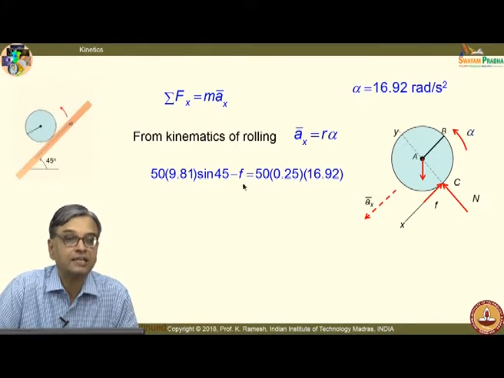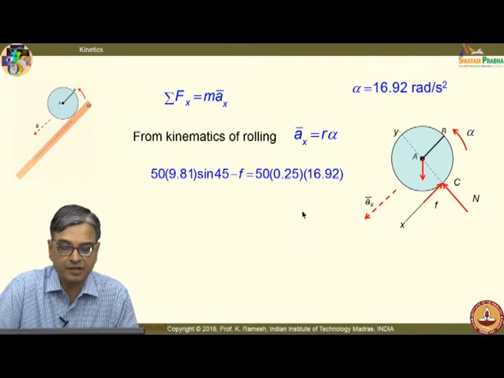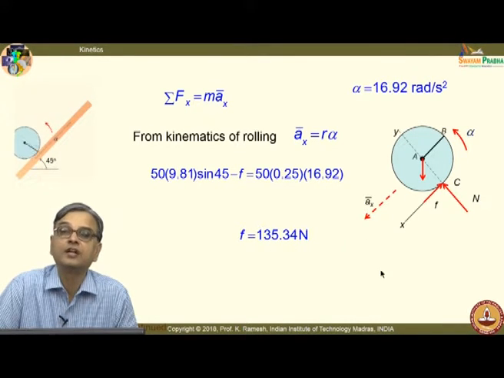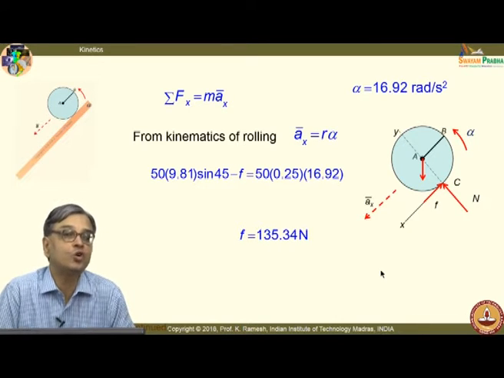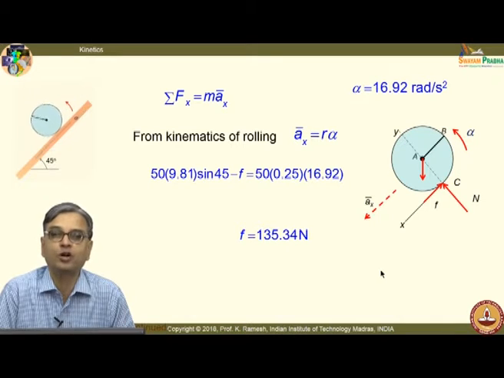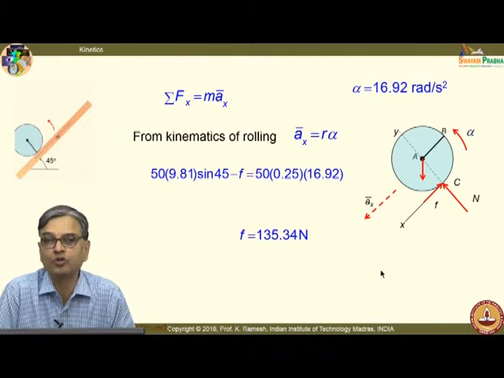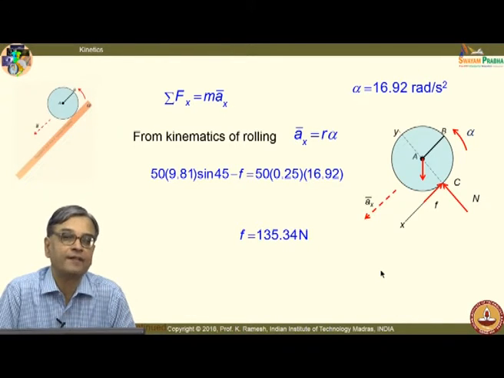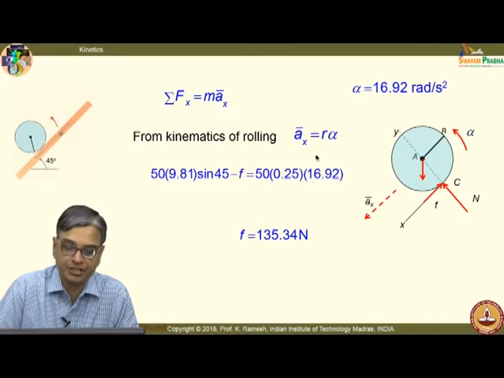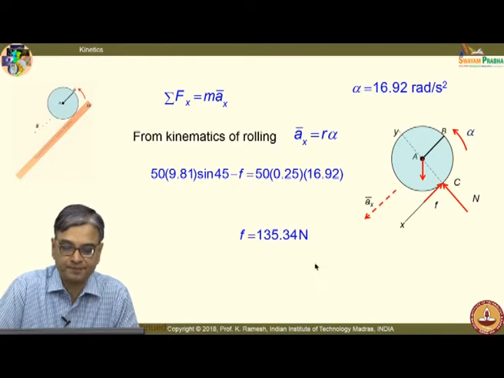Please check the arithmetic. And this gives me the frictional force that is acting on the wheel so that it rolls without slipping. So, it makes your life a lot simpler. If the wheel rolls without slipping, you have the kinematical conditions and you are in a position to invoke those interrelationships and solve this problem.